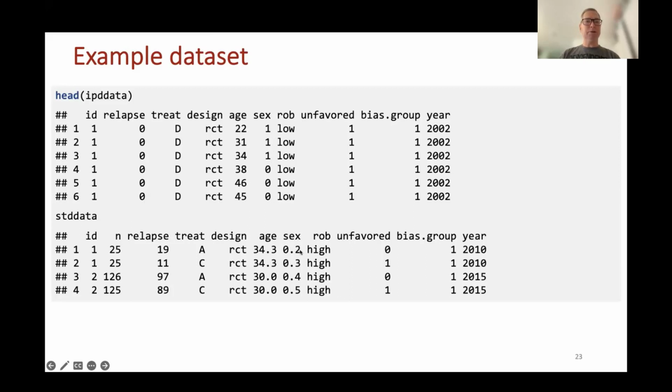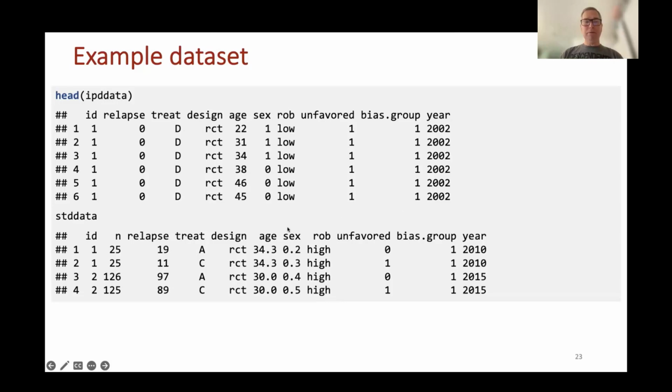So you can see here in this first group, this again is an average. 20% here in this group were male, here 30%, and so on. Risk of bias information, whether the treatment that we see here is favorable or unfavorable. So 1 means it's unfavorable, and information on some bias indicator and the year.